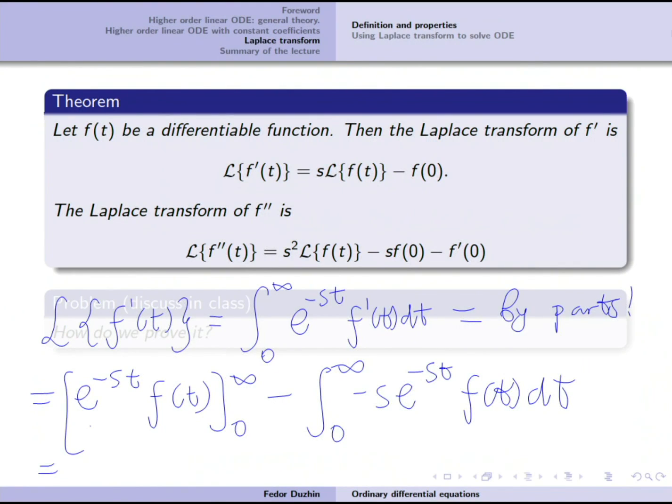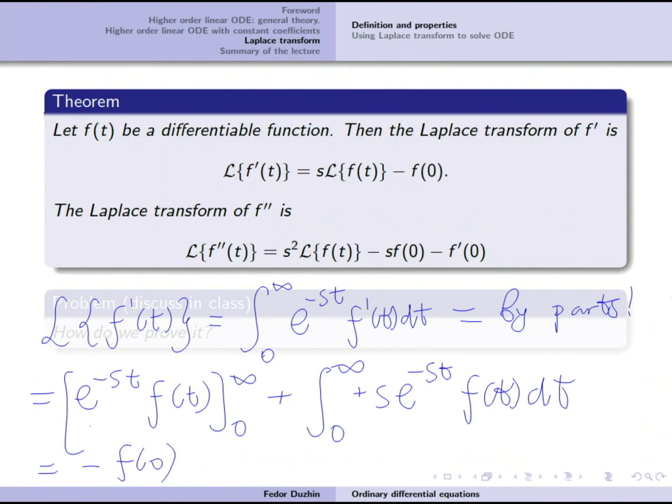But what are we going to have at 0? At 0, we have e to the minus s times 0, which is just 1, times f of 0. So this is minus f of 0. And for the second term, we have minus and minus, which gives us plus.